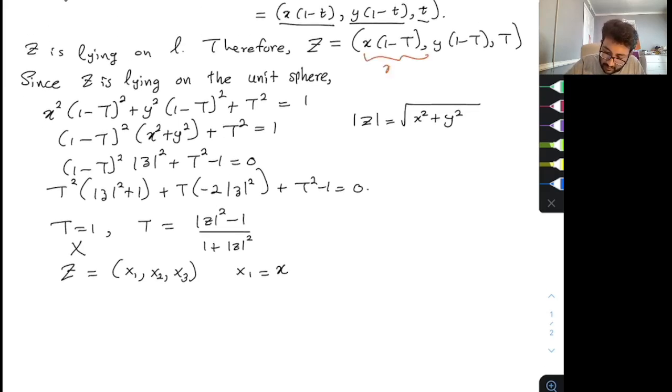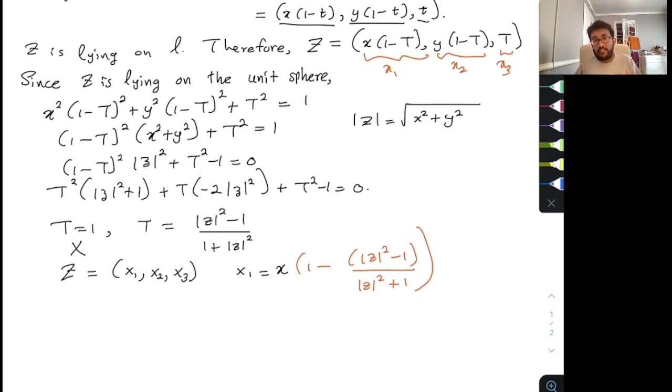The next one will be x2 into (1 − (|z|² − 1) over (|z|² + 1)). Like that, you can have expressions for x1, x2 and x3. I'm not going to do the whole simplification. You can easily do that, right?